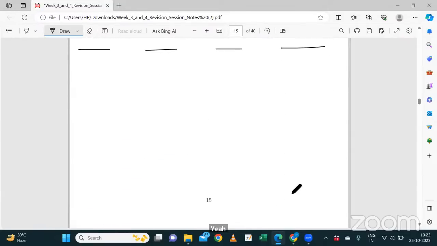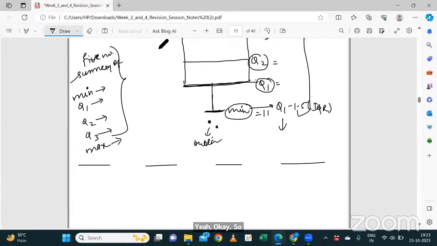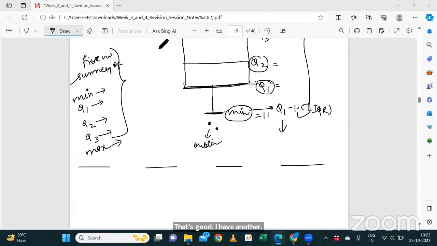Sir, I have another doubt. Can we say that always the middle value between Q1 and Q3 is the median?